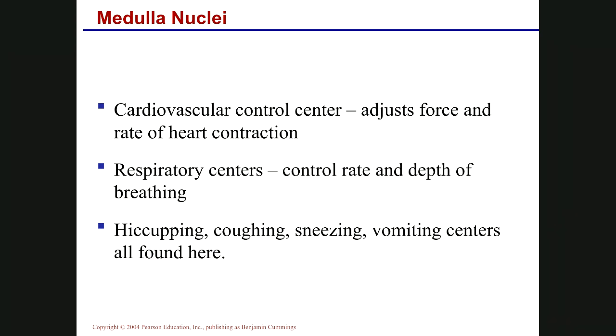And so there are vital centers here. One of these is the cardiovascular center, which controls or helps to control the heart. Another one is the respiratory centers. There's 2 of these in here that control the rate and depth of breathing. And then finally, we have also non-vital centers for things like hiccuping, coughing, sneezing, and so on. Those are all found here.